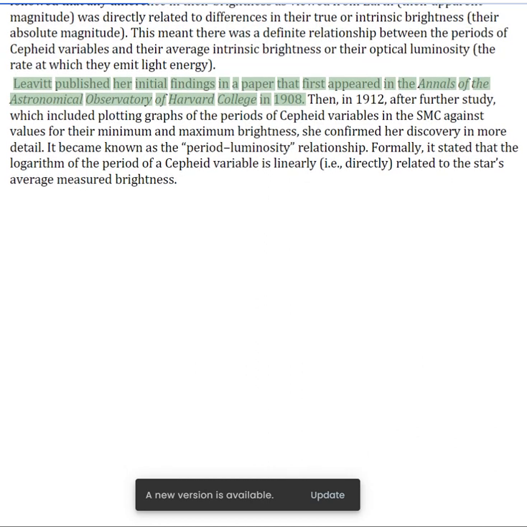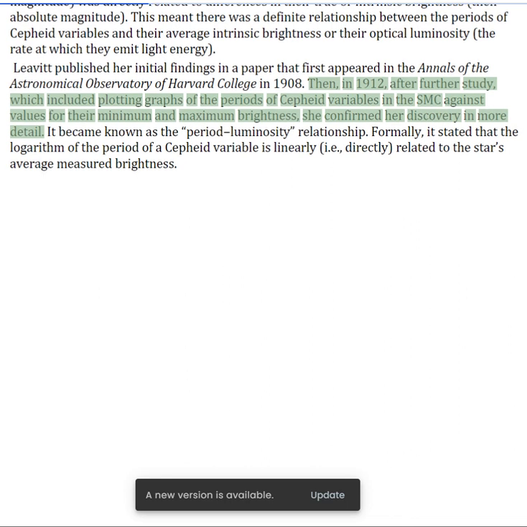Leavitt published her initial findings in a paper that first appeared in the Annals of the Astronomical Observatory of Harvard College in 1908. Then, in 1912, after further study, which included plotting graphs of the periods of Cepheid variables in the SMC against values for their minimum and maximum brightness, she confirmed her discovery in more detail.